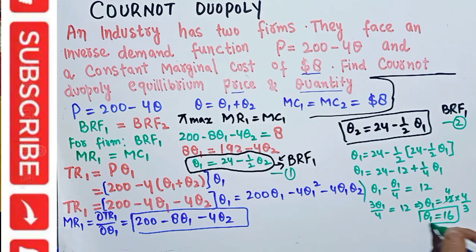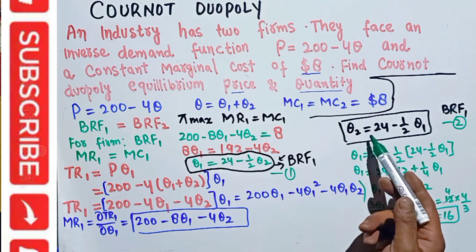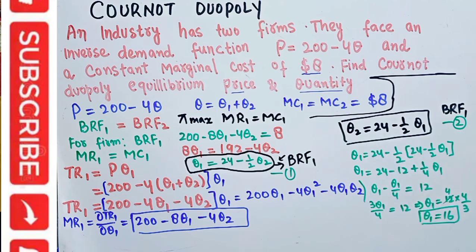Similarly, if I plug this value of q1 into q2, I will get the output of firm 2 also equal to 16. So firm 2 will also produce 16 units. Now what is the equilibrium Cournot market price?